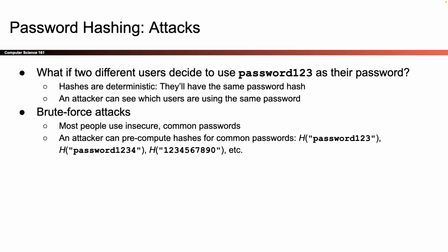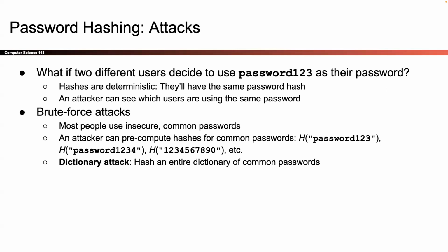So the attacker could take all the common passwords that they know about using their domain knowledge, simply hash every single one, and then compare against the passwords file that they've stolen. And if they notice that, wait, when I hash password123, it matches the thing associated with Alice, then Alice must be using password123.